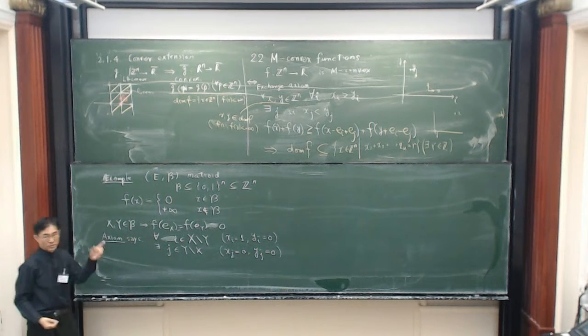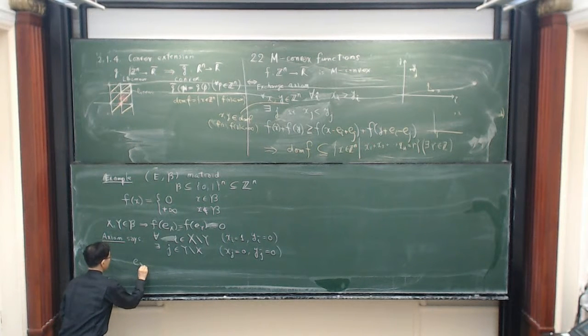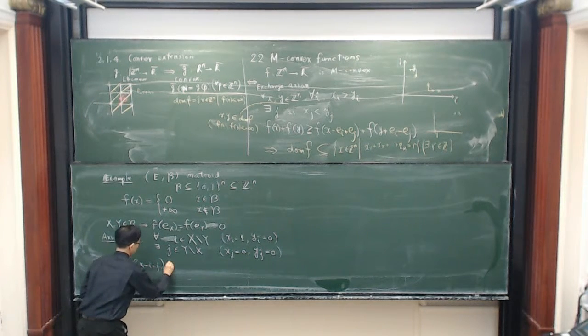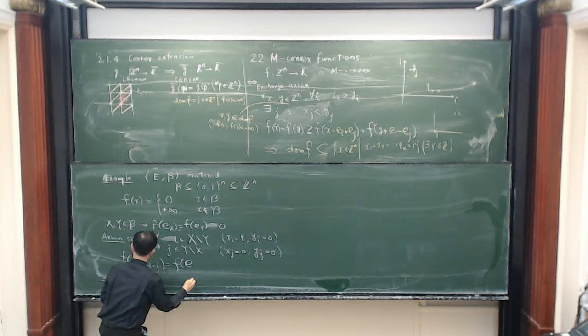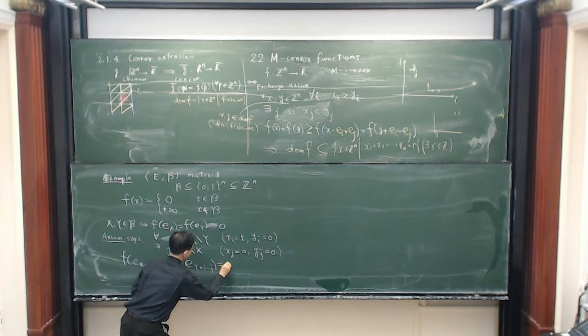Then we exchange i and j. So that means f of e_x minus i plus j and f of e_y plus i minus j equal 0.